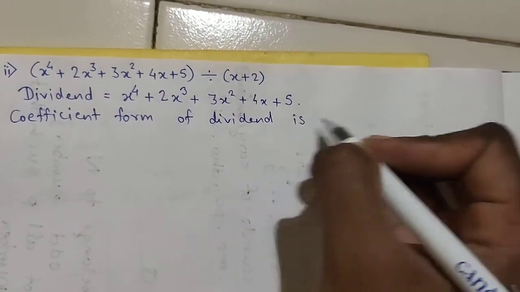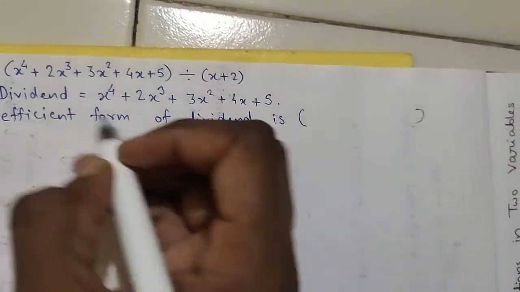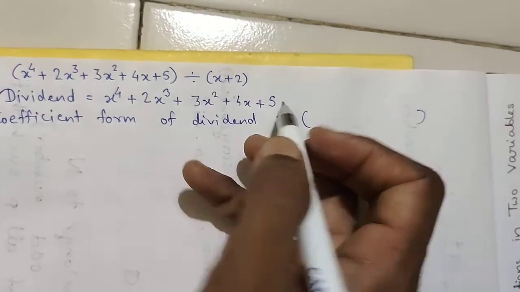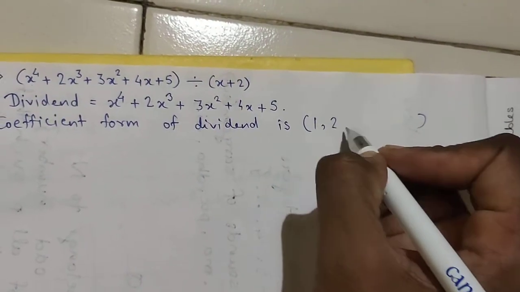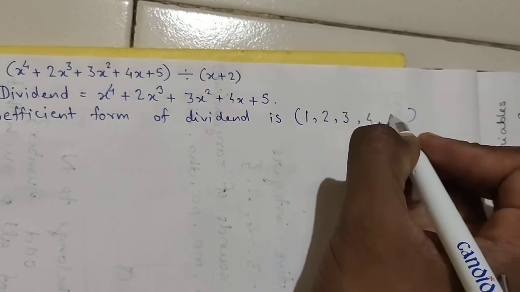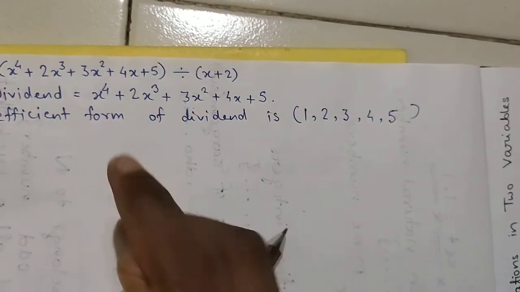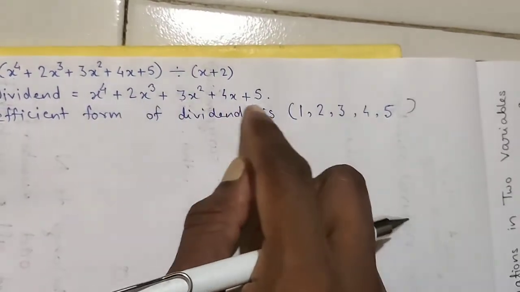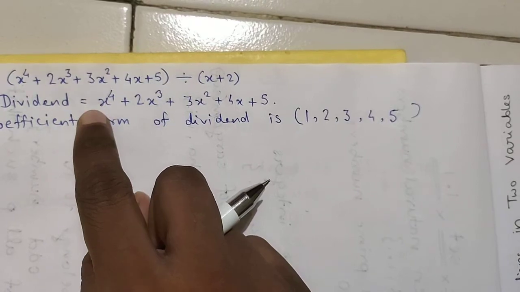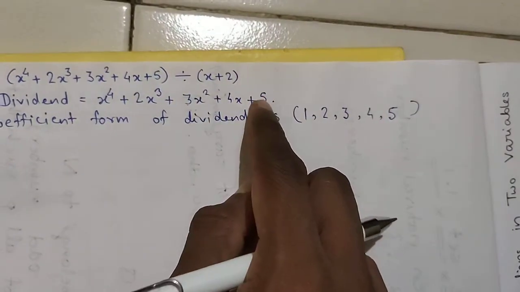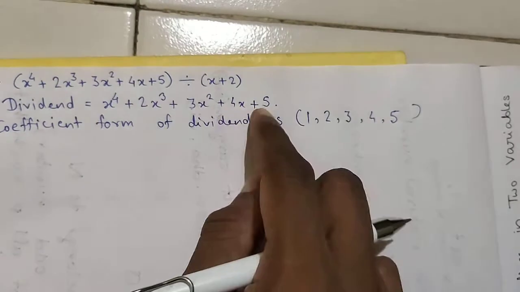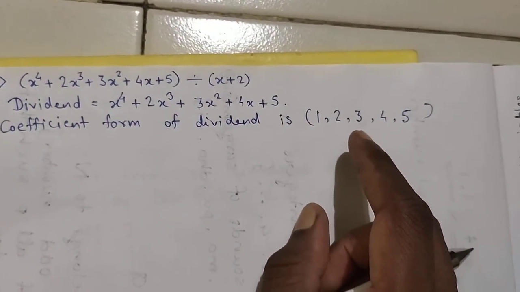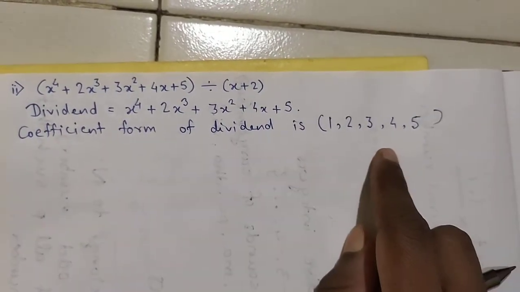You can see the numbers 1, 2, 3, 4 and 5. So let us write 1, 2, 3, 4 and 5. Understood now? You have to write those numbers which are there in this dividend. And if any term is missing in between, then you are going to write 0 for that place. Now we have written the coefficient form of the dividend.